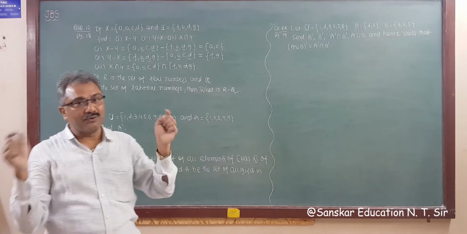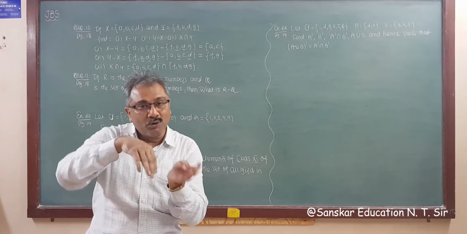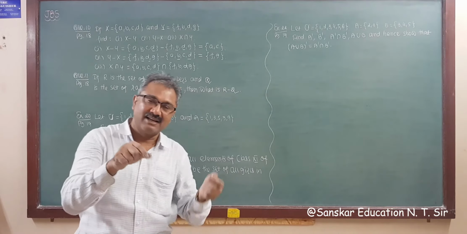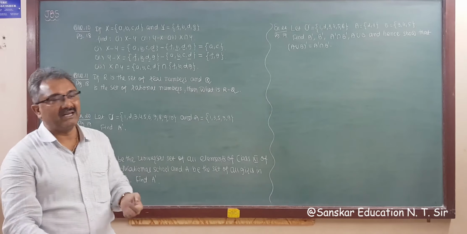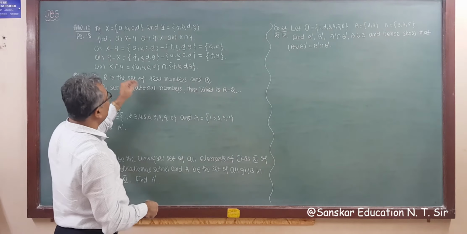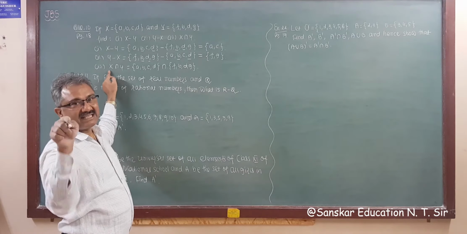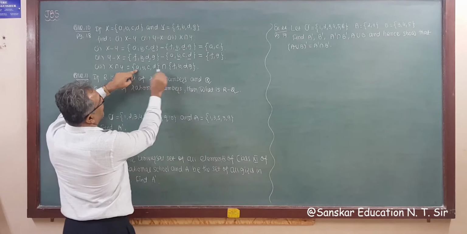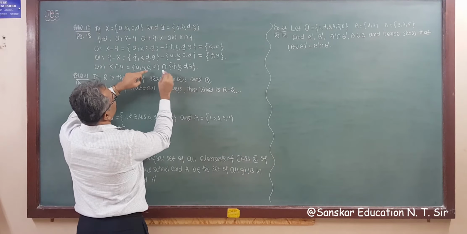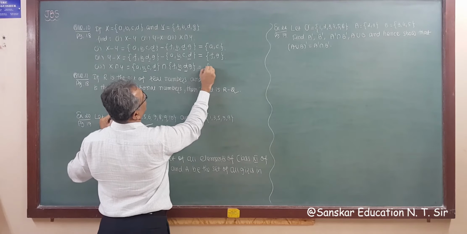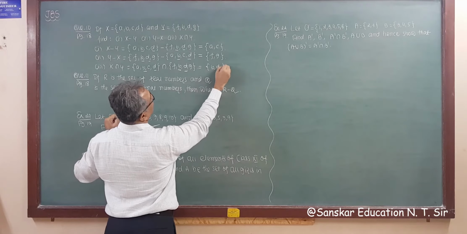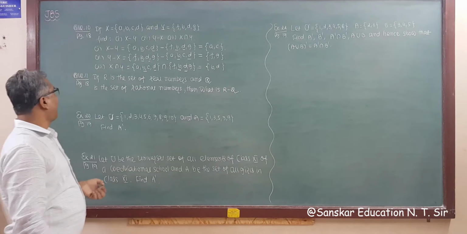Difference means you remove common elements from the first set. Intersection of two sets means you write the common elements which are in both, X and Y. So A, no. B is there. No C, and D is there. So the answer is {B, D}.